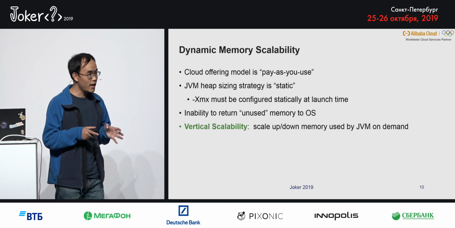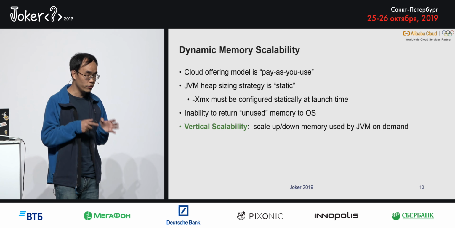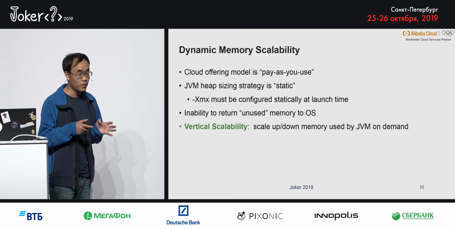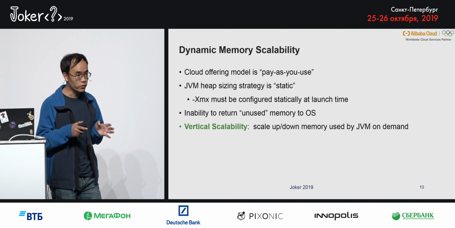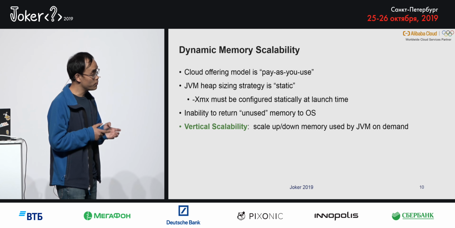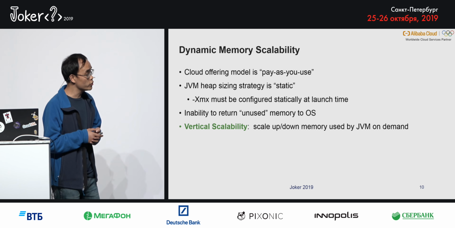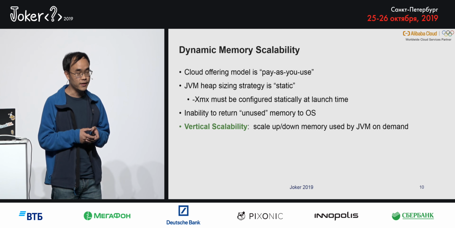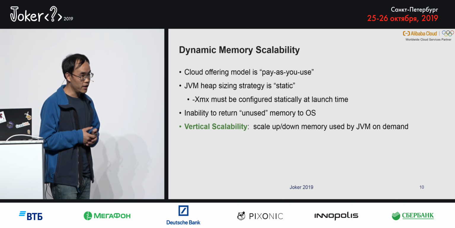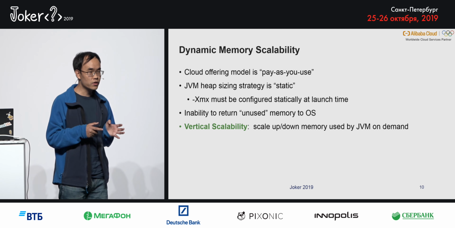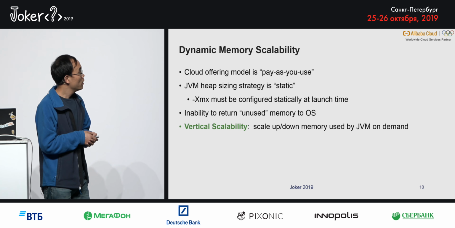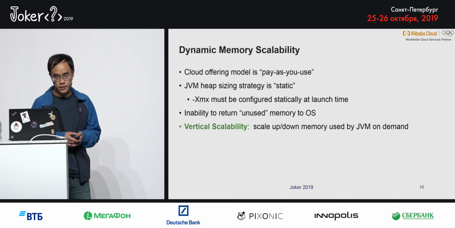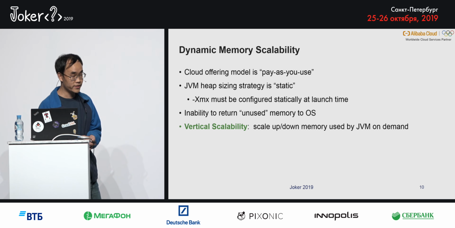Then at runtime, you cannot change the maximum heap size, even if you don't use it, right? So that's a problem. And as I mentioned, the current implementation of OpenJDK does not have the ability to return unused memory to the OS. This is something we call vertical scalability.